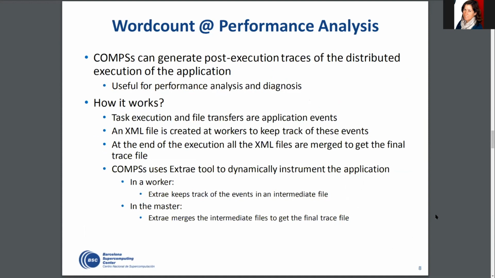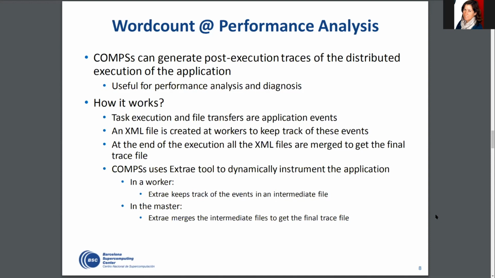How does it work? Each task emits events, and the file transfers are also events that are recorded during the execution. During the execution, an XML file is created by the workers to keep track of these events, and at the end of the execution, all these files are merged to get the final trace.